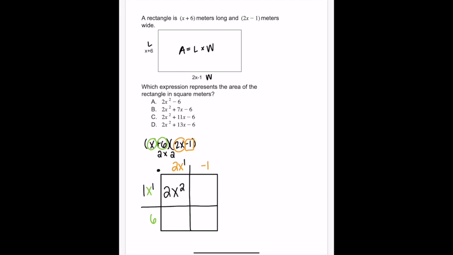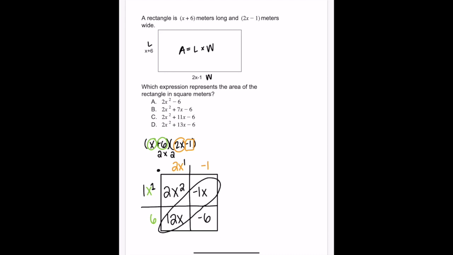Then we have 1x to the first power times negative 1. So 1 times negative 1 is negative 1, and we still have x to the first power. Then we have 6 times 2x. So 6 times 2 is 12 times x, and 6 times negative 1. Now remember that we have like terms in the diagonal.